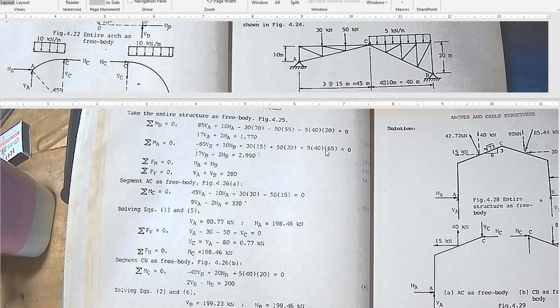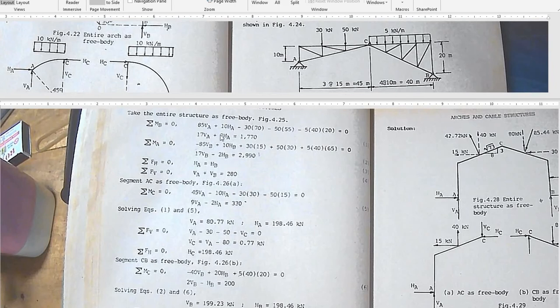Okay, yung 65 ngayon, yan yung lever arm ng concentrated load. Okay, so that is 45 plus 20 will give you 65. So, from here you have 17 VB minus 2 HB.